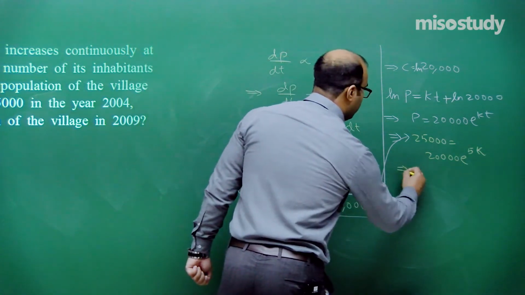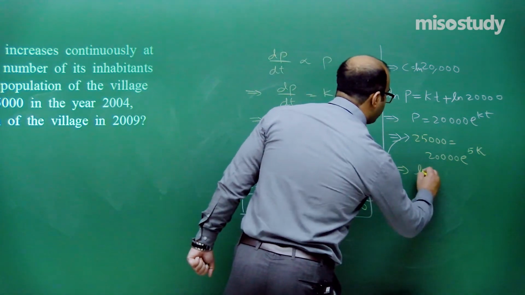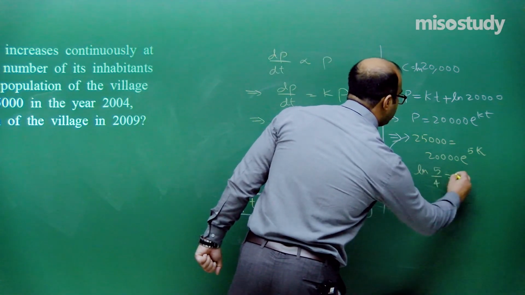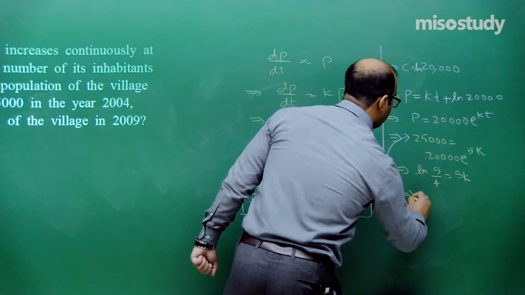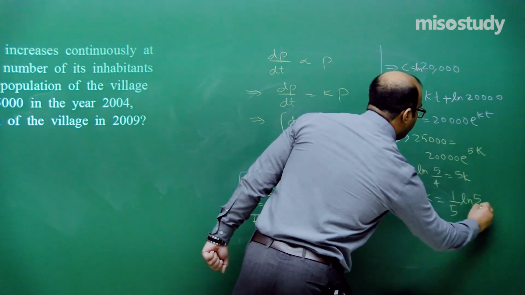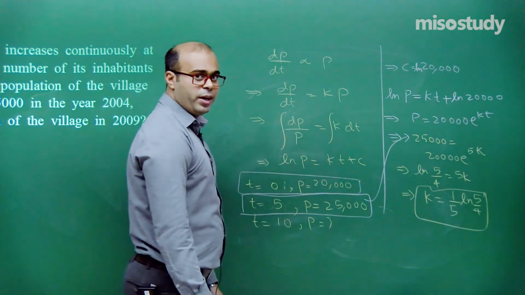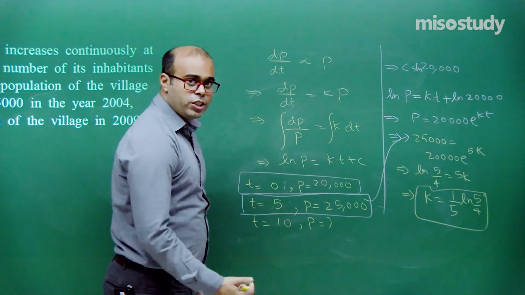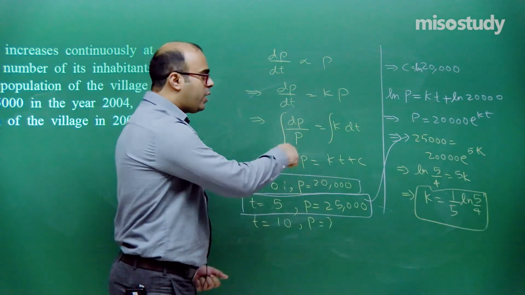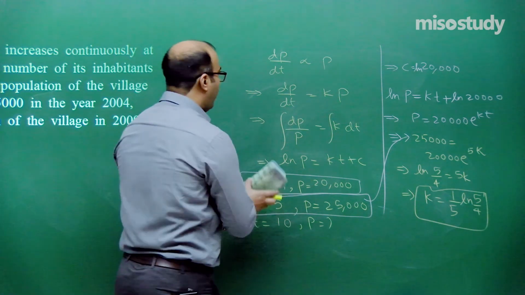So we can say that 25,000 by 20,000, that is actually 5 by 4. So log of 5 by 4 is equal to 5K, which means K is equal to 1 by 5 log of 5 by 4. So this is now the value of K which we have obtained. First we obtained the value of C, which was the constant of integration. Then we obtained K, which is the constant of proportionality. So both the constants we know by now.